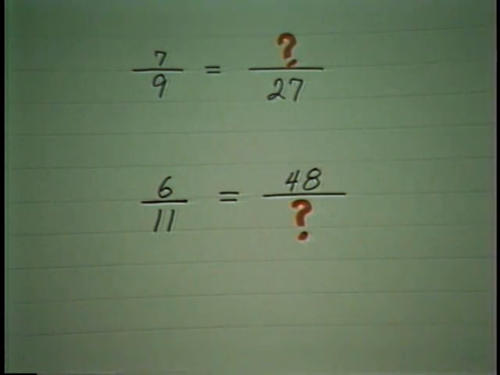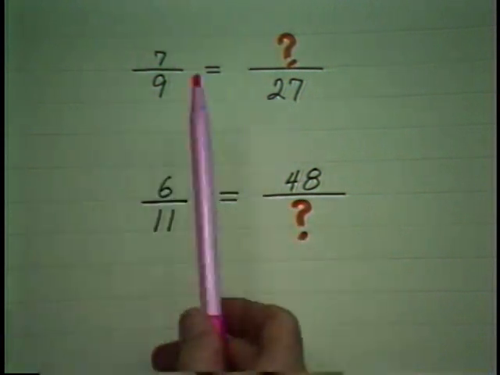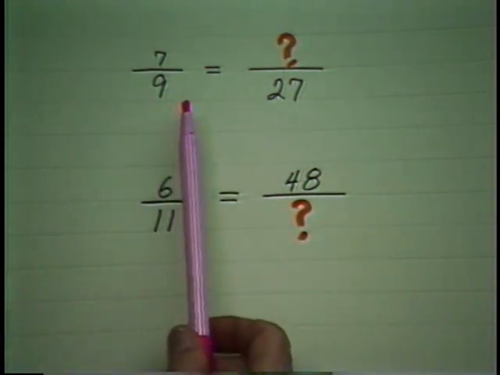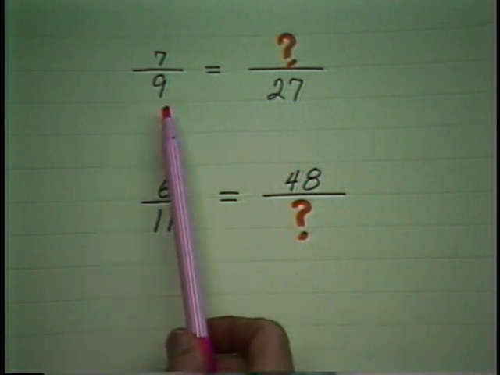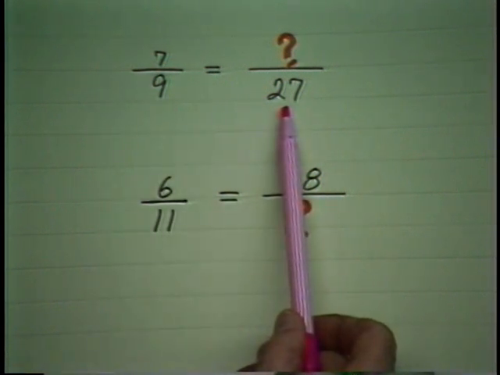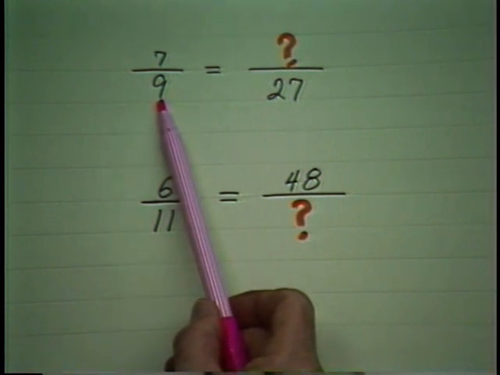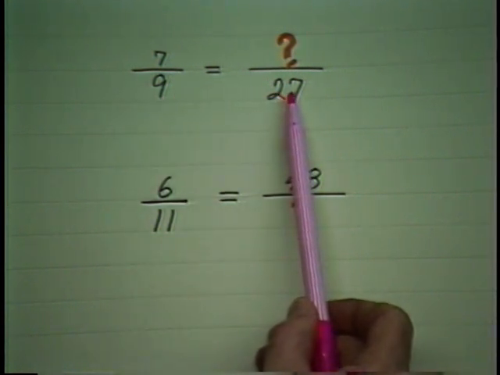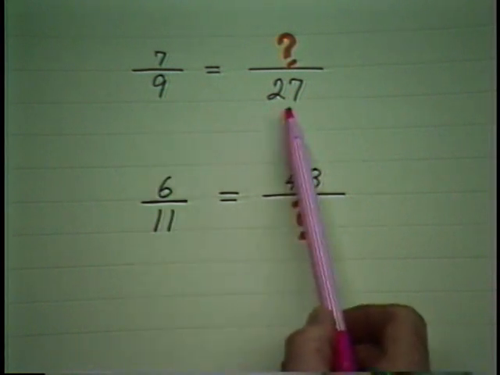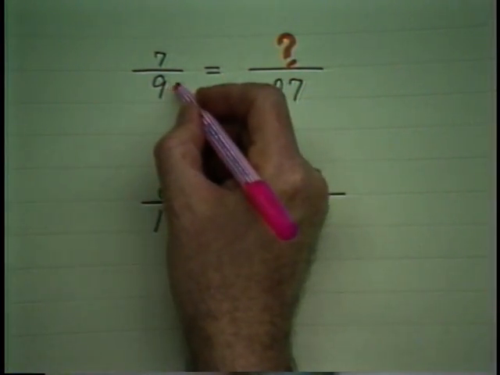So your practice work in this exercise is to simply get you used to that simple idea. In this case, we'd like to build this fraction so that instead of a denominator of 9, it has a denominator of 27. So you simply ask, what would I have to multiply 9 by to get 27? Or if you wish, 9 into 27 is 3 times.